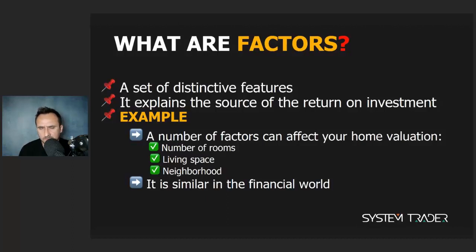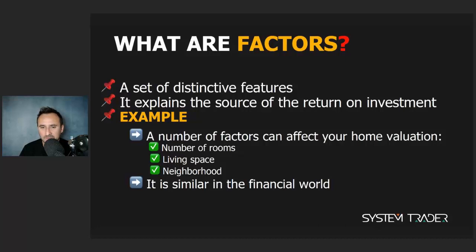And here is an example which is not related to the financial market. Let's say that a number of factors can affect your home valuation. If you think about your home valuation, indeed, you'll see that a number of factors can affect that valuation. Because if we have 5 or 7 or 10 or 3 rooms, it may have an impact on the valuation of our home.